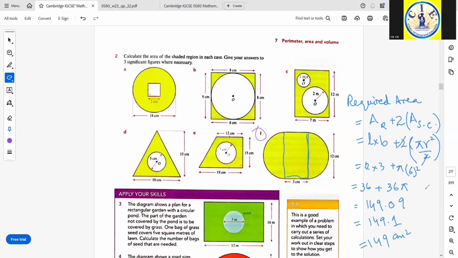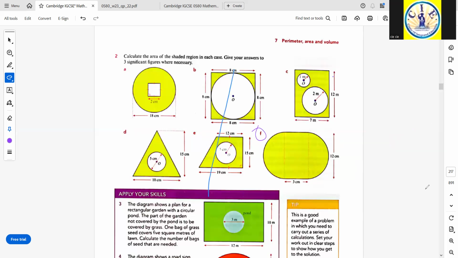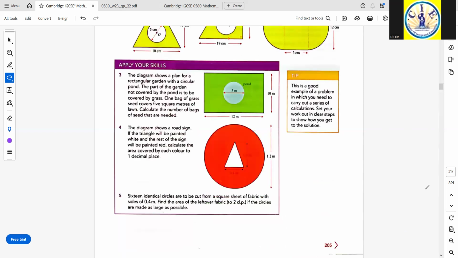Okay, now it is the next question. Question number 3. The diagram shows a plan for a rectangular garden with a circular pond. The part of the garden not covered by the pond is to be covered by grass.